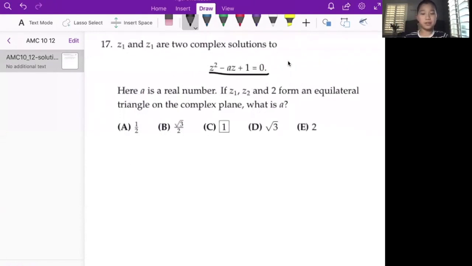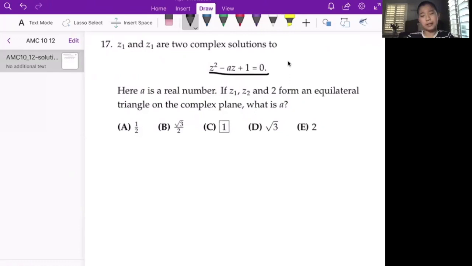Problem 17. Z1 and Z2 are two complex solutions to z squared minus az plus 1 equals 0. Here a is a real number. If Z1, Z2, and 2 form an equilateral triangle on the complex plane, what is a? So you see a quadratic with real coefficients, and you see that there are two complex solutions to it.